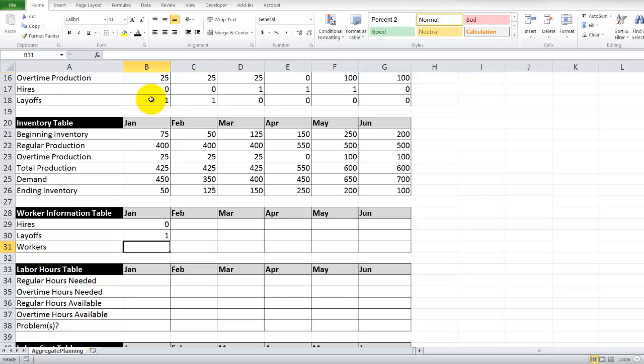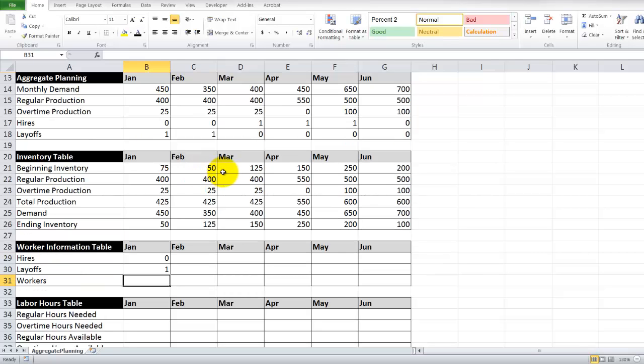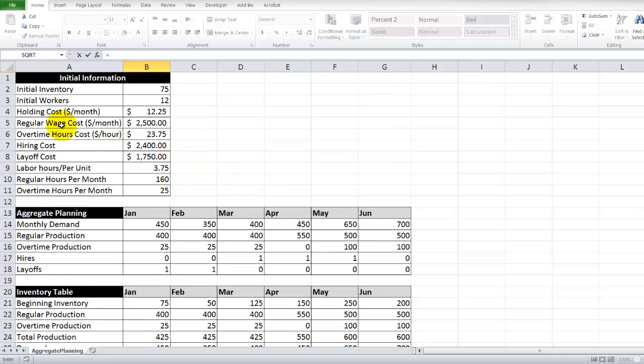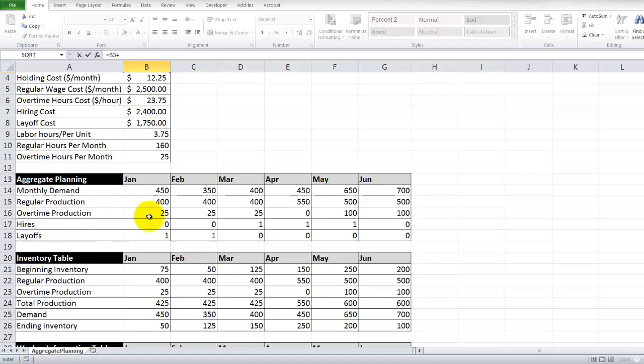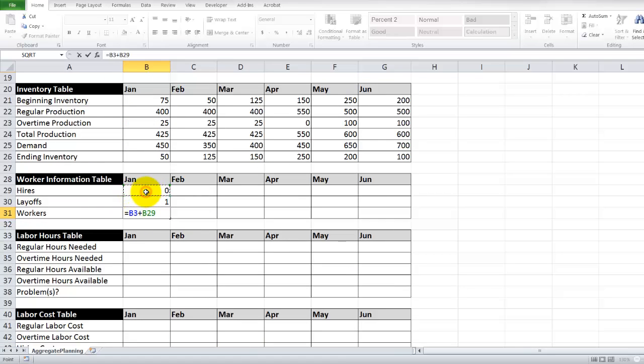And workers, what I have here is going to be equal to the number of workers that I have to start, which will be 12, plus the number of hires that I could potentially have, minus 1 layoff in this case, so minus the layoffs. Now for these two formulas, I can fill to the right because they only reference that table above.